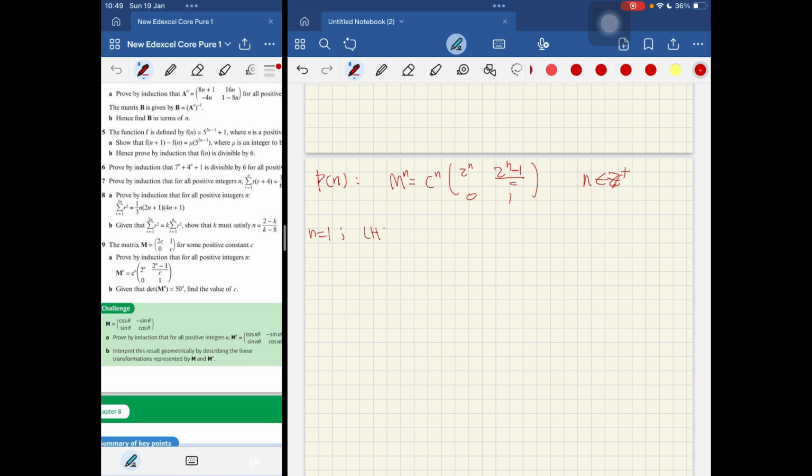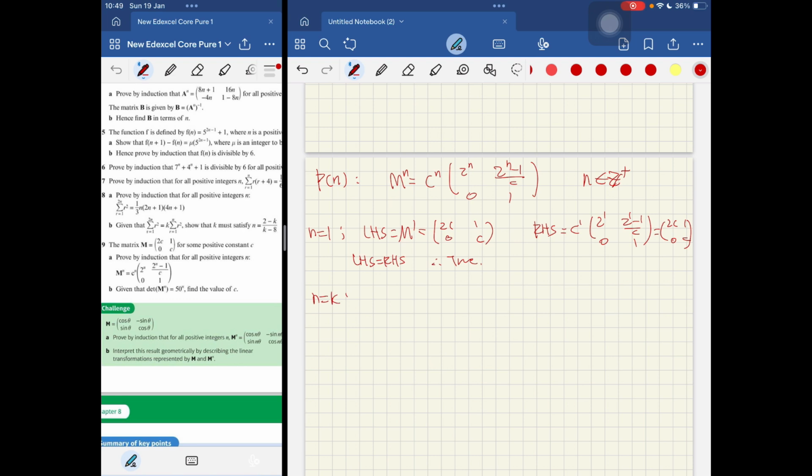Left hand side, m to the power of 1, which is 2c, 1, 0, c as given. RHS, c to the power of 1, 2, 1, 2 to the 1 minus 1 over c, 0, 1, which is 2c, 1, 0, c. LHS, RHS are equal, therefore true.